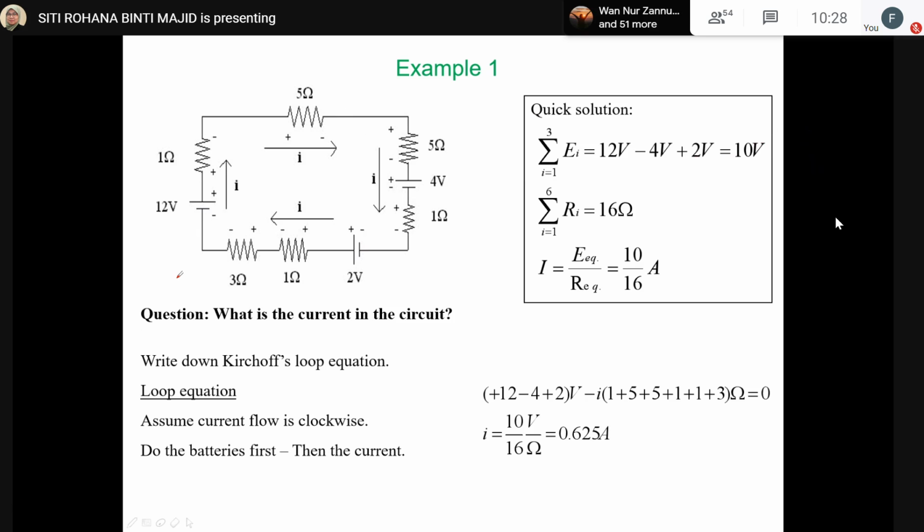And then we total up the resistance values in this circuit. So we have 1, 5, 5, 1, 1, and 3, and then will give us a total of 16 ohm, and then we can calculate I equals 10 over 16 ampere.